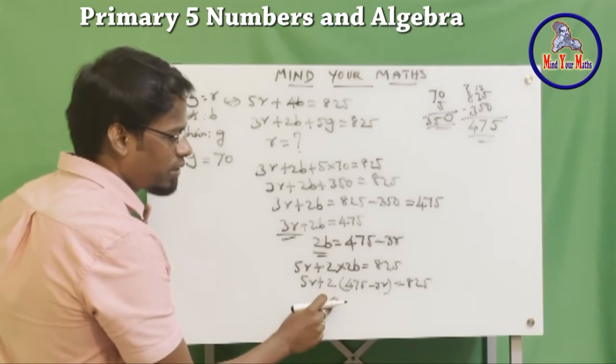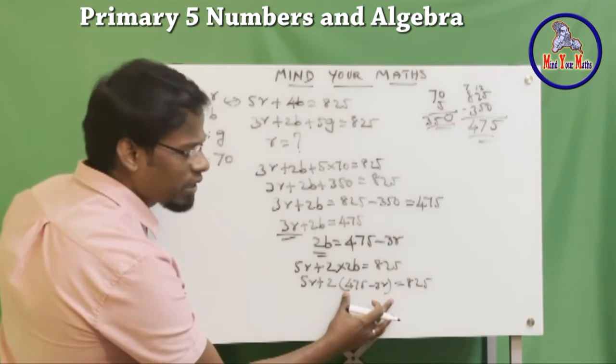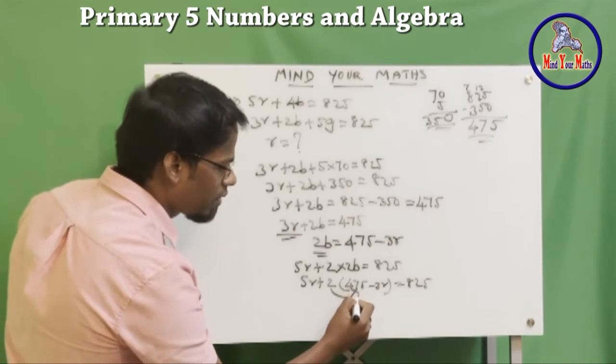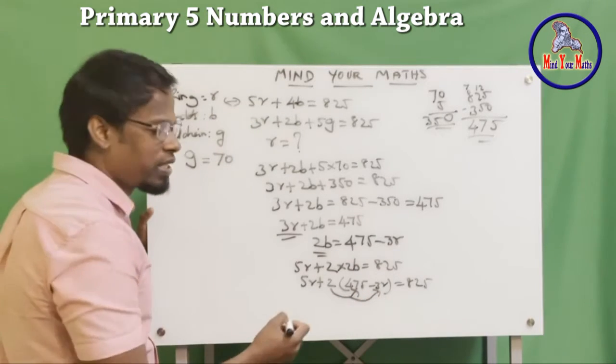Now to simplify this, because there is a bracket, we have to remove the bracket, for which we just multiply using the values inside the bracket.